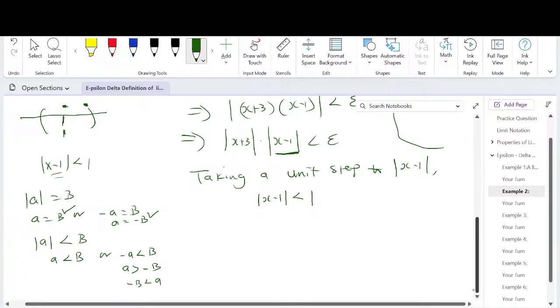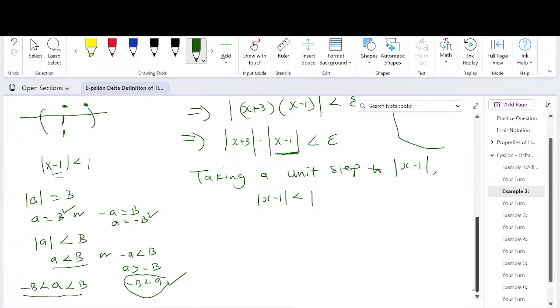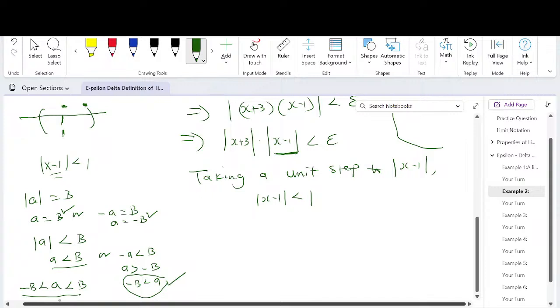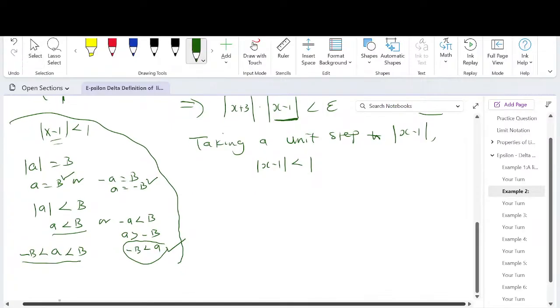Since minus B is less than A, you can say that minus B is less than A and A is less than B. That is just the direct way of doing it.